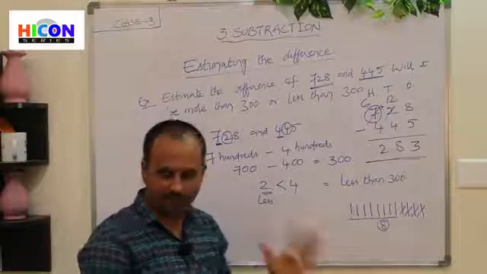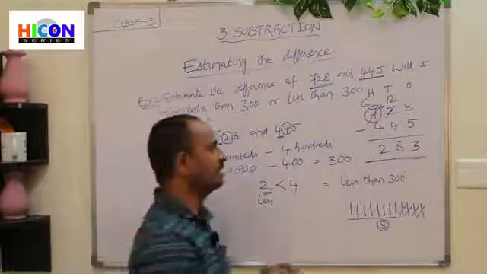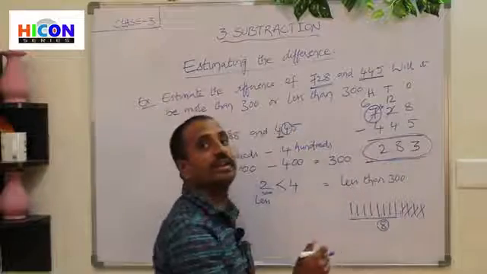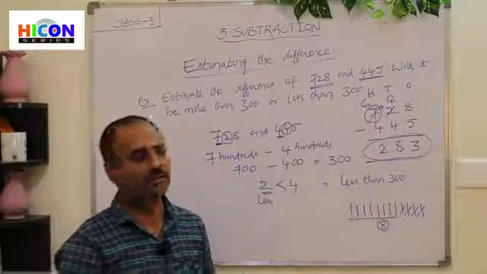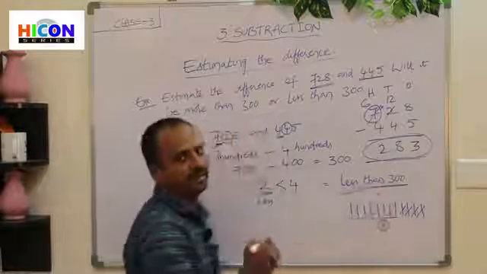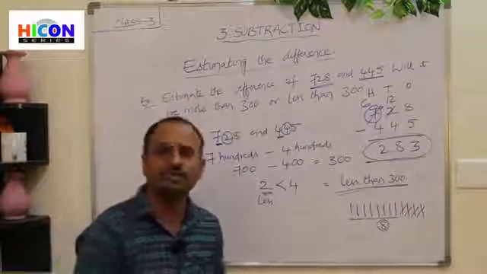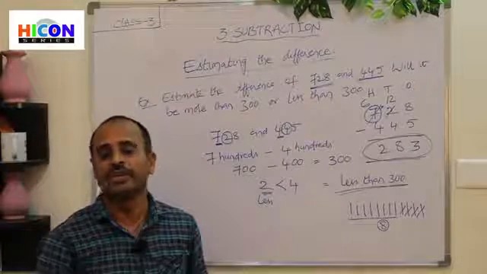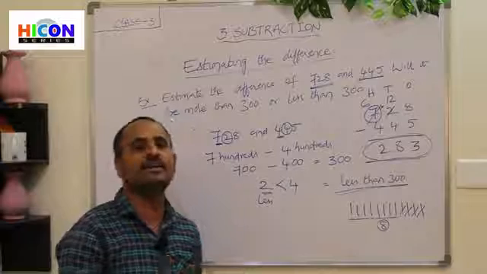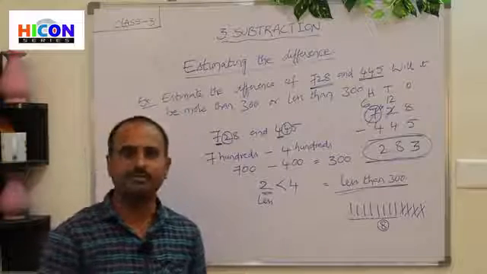So the actual difference is 283 and it is less than 300. So already we have written that the answer is less than 300. So without doing the actual subtraction, we can estimate the difference, whether it is less than or greater than the other number.